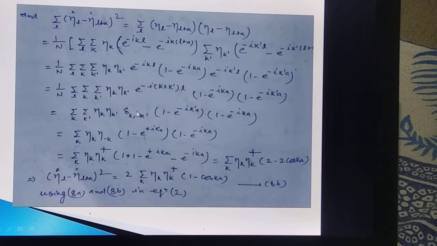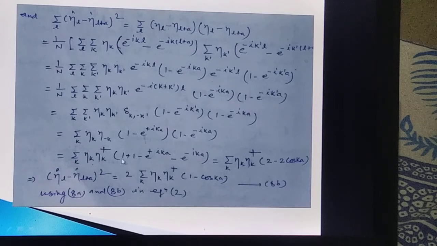So again, using the property of Kronecker delta, you have this term: summation k, eta minus k, into 1 minus exponential i k a, into 1 minus exponential minus i k a. Again, eta minus k is replaced by eta k dagger.